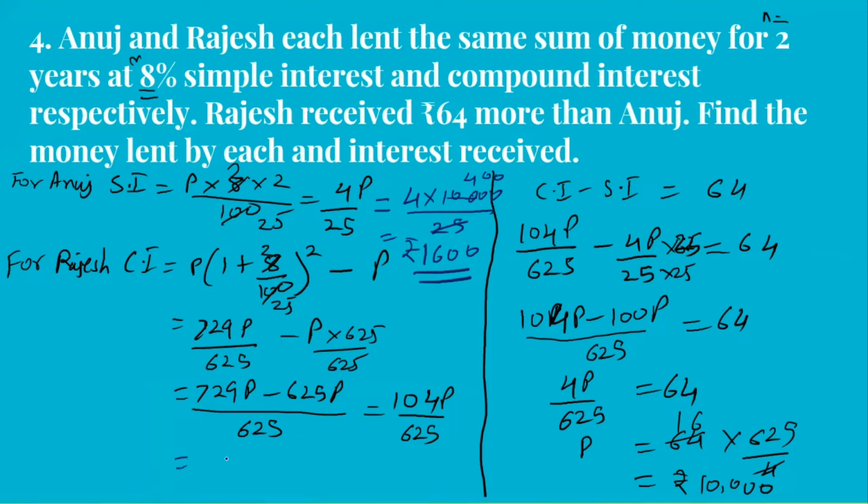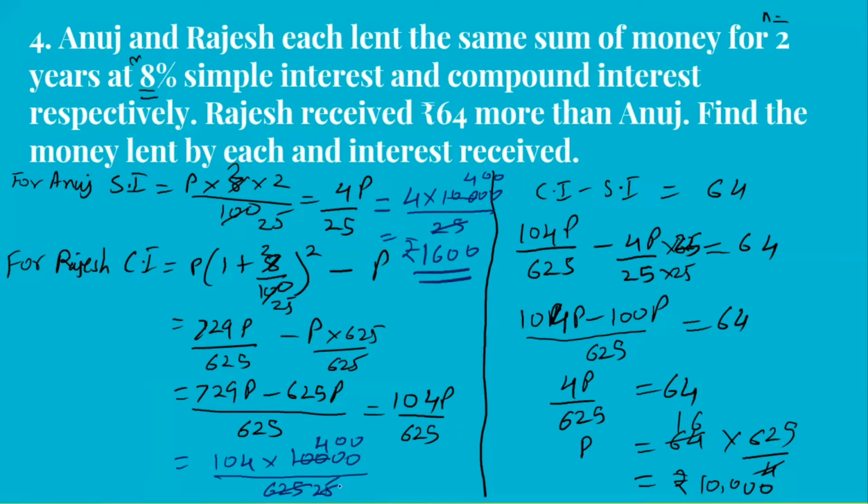So for Rajesh, it is 104 into 10,000, which is P, upon 625. Simplify this. 25 25s are 625 and 25 4s are 100. So 400 we get here. And again, simplify this.